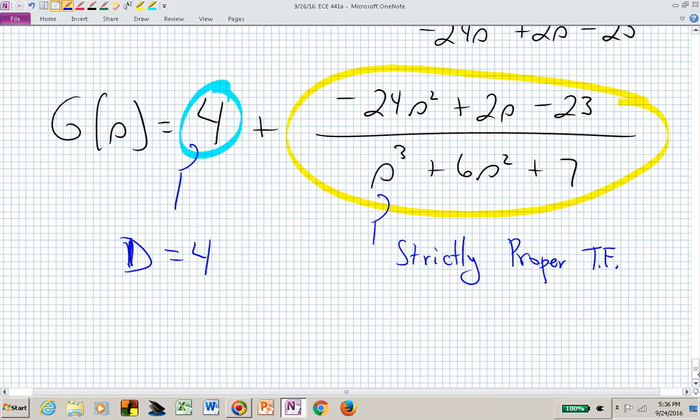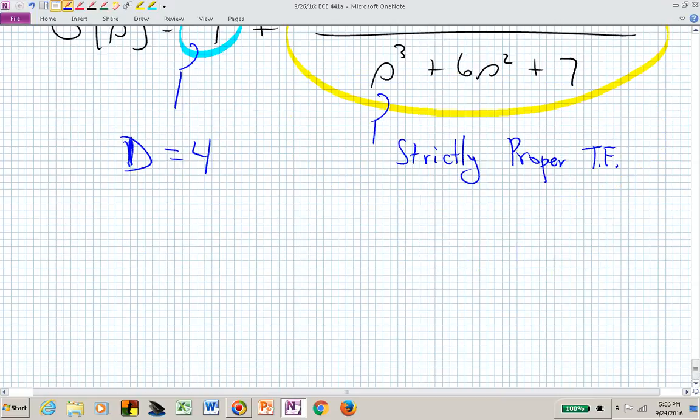Which means that we can now build the state space representation, the A, B, C, and D: the A, B, and C from the strictly proper part, and the D from the long division step.